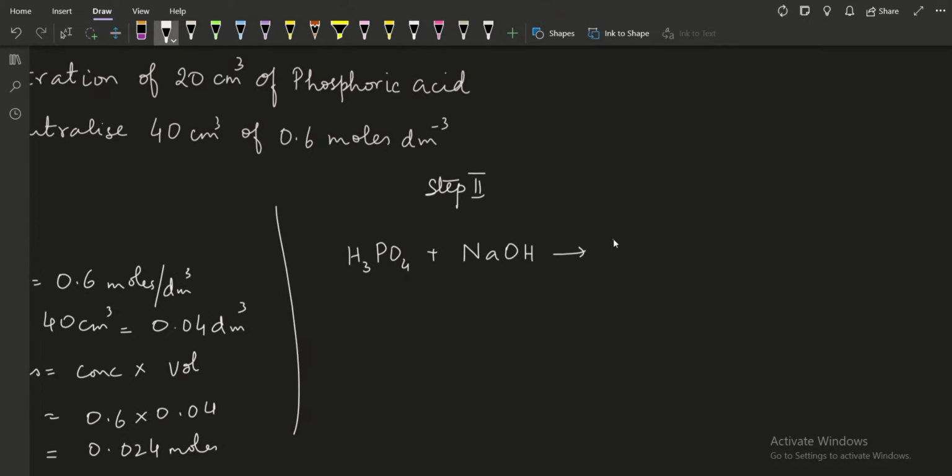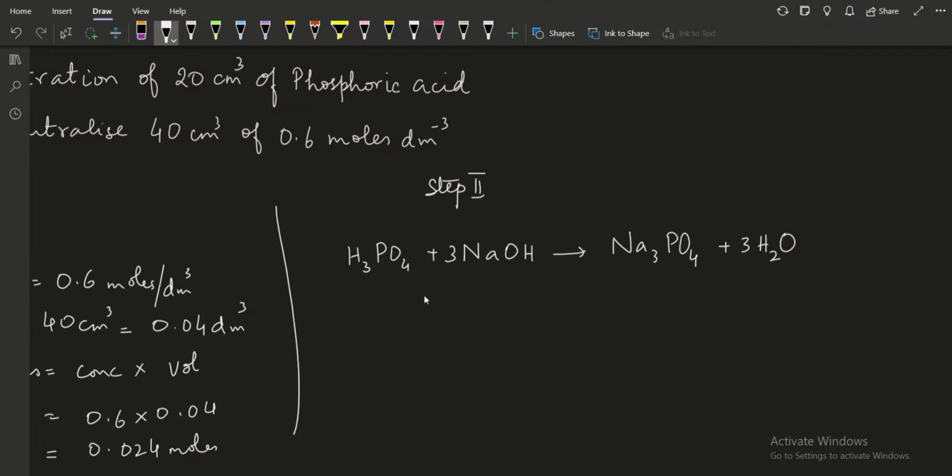The formula for sodium phosphate will be Na3PO4. This is sodium phosphate plus water molecules. Water is also formed. Now we need to balance this. Balance sodiums first, for that we write 3 over here. Then we need to balance hydrogens. So for that we can write 3 over here to balance this equation.